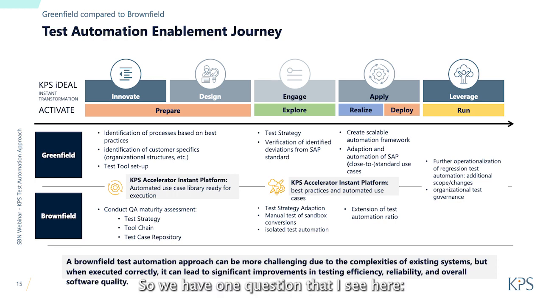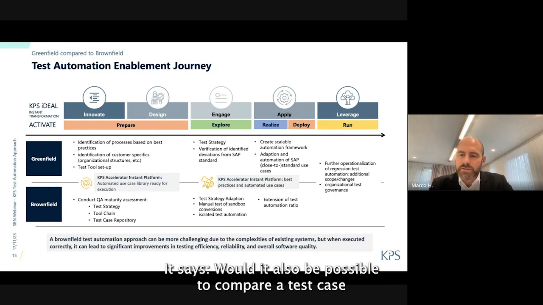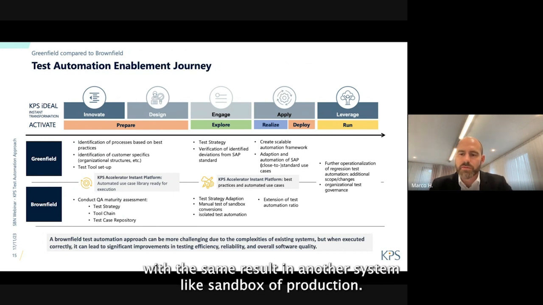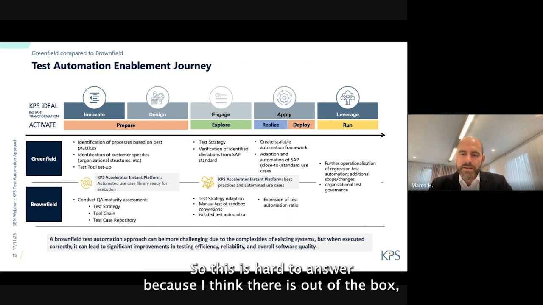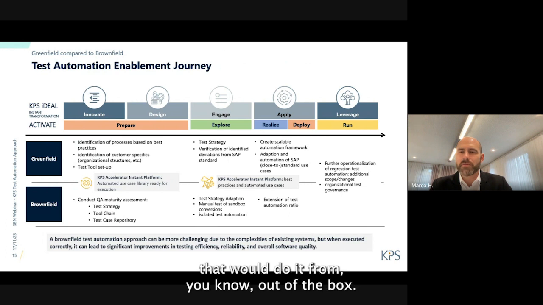So we have one question that I see here. One of the questions I already answered in the chat, but there's another one. It says, would it also be possible to compare a test case result in quality systems, which we executed in one system, with the same result in another system like sandbox or production? This is hard to answer because, at least from the Tosca perspective, I don't know any capability that would do it out of the box.